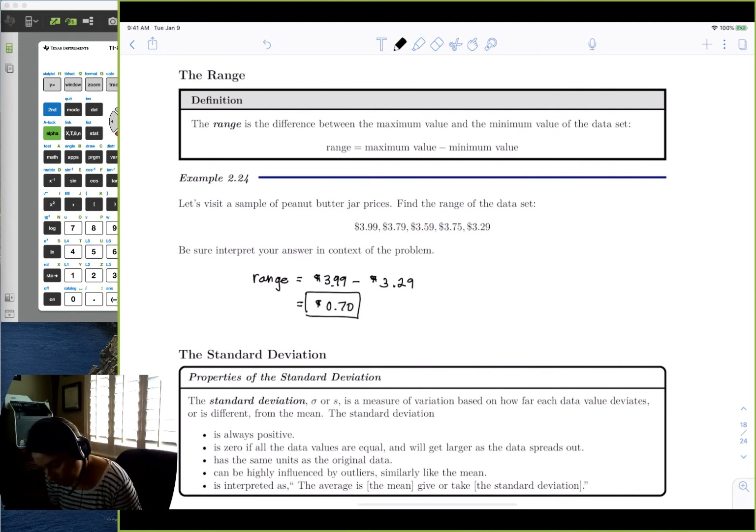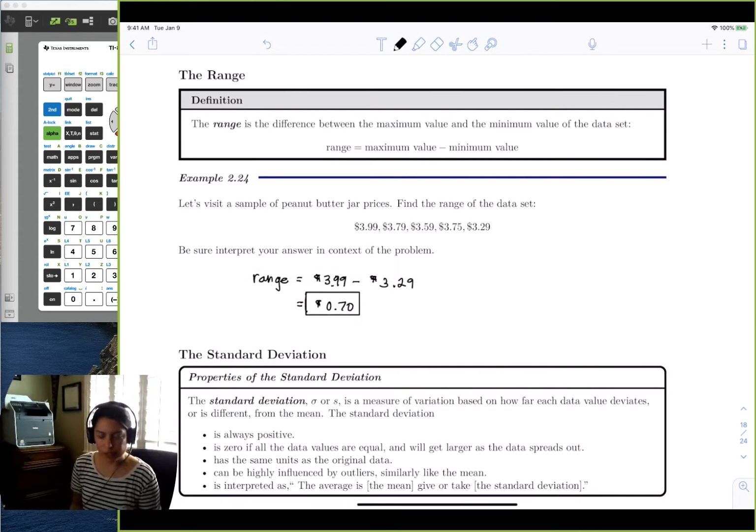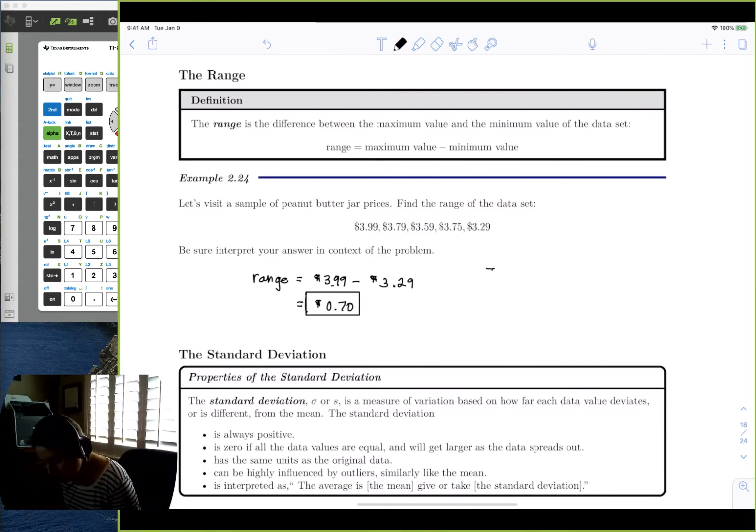And that's the numerical answer, right? But how would I tell this to my friends? How do I start a conversation about it? It's really simple. We would just say the peanut butter jar prices range by 70 cents.